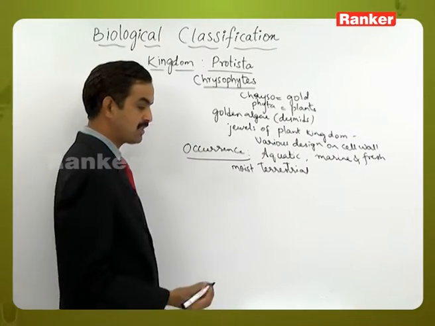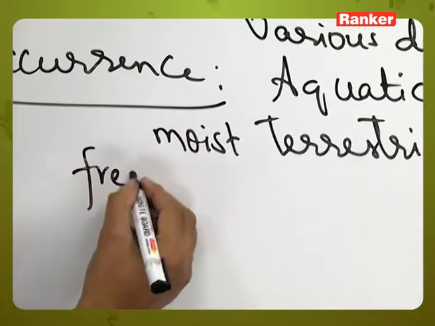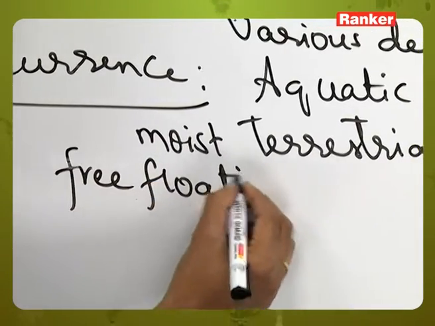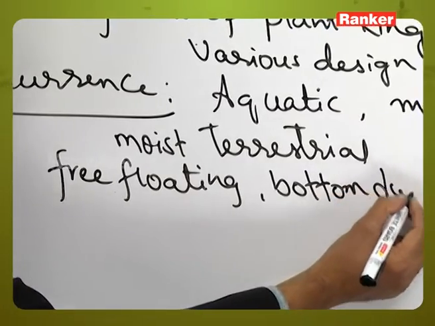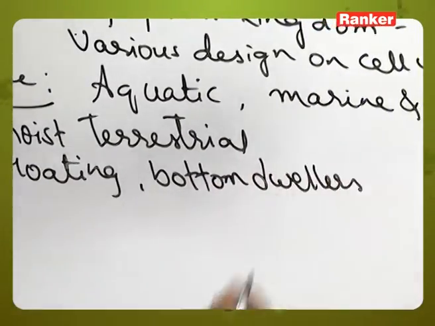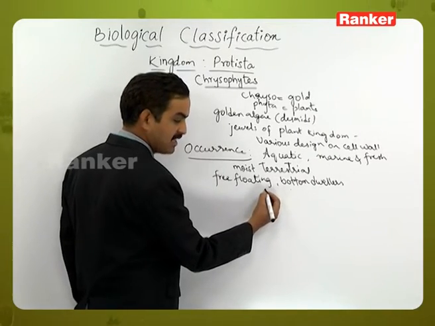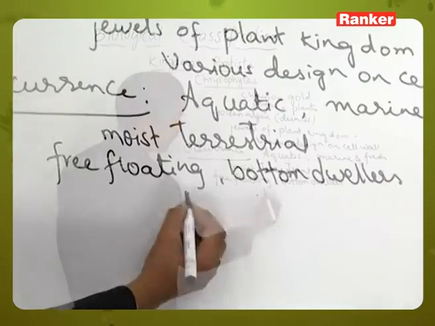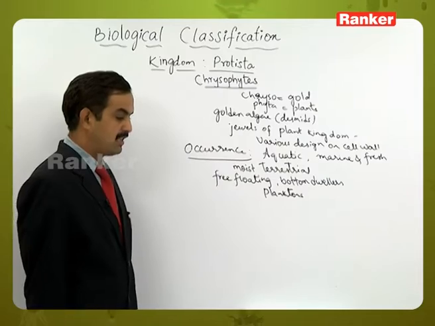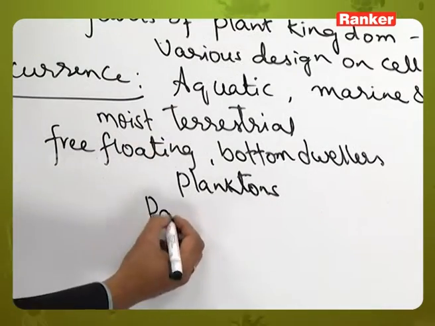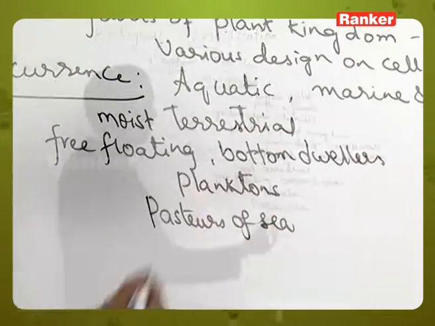In the aquatic form, they may be free floating, or sometimes bottom dwellers. In this type of habitat, they may form the major part of the planktons, and they are called the pastures of the sea.